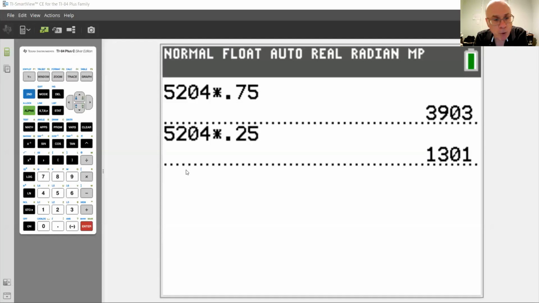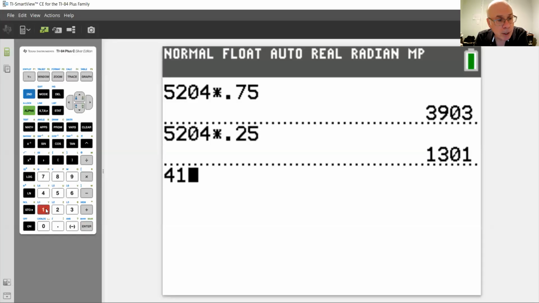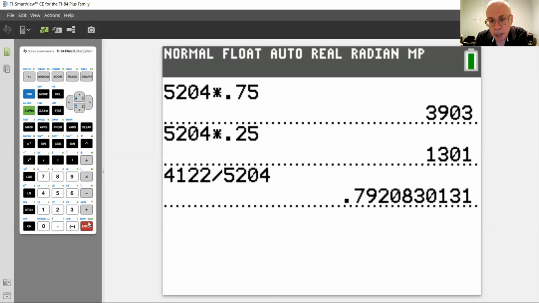So we're going to say 4,122 divided by 5,204. And our sample proportion is 0.79208, and so forth. We're going to store that in alpha S, right?